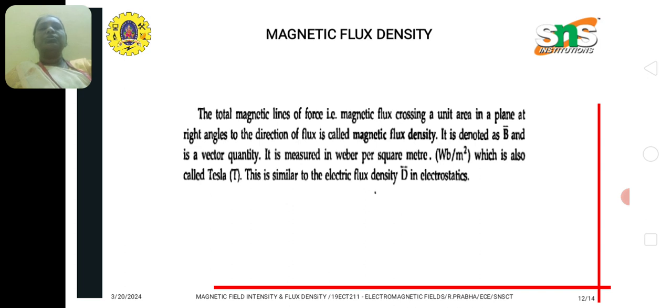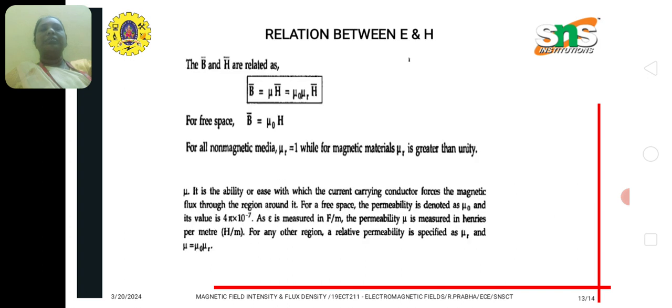It is similar to the displacement density vector D in electrostatics. The magnetic flux density and the field intensity are related to each other as B is equal to mu into H.